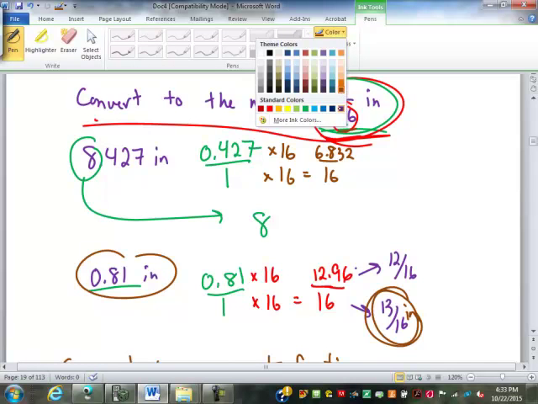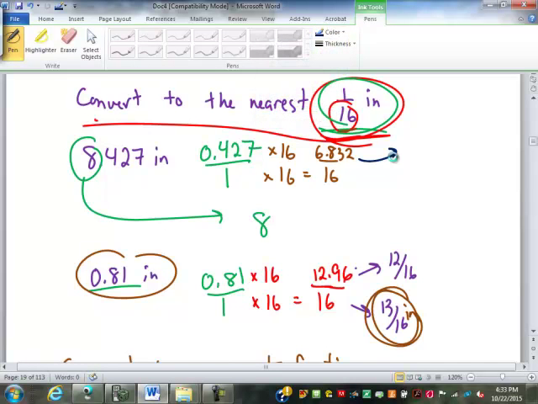And now that is telling us that this is between 6 sixteenths and 7 sixteenths. Which is it closer to? 7 sixteenths. So are we done? What did we forget? We got the 8. It's 8 and 7 sixteenths inches.